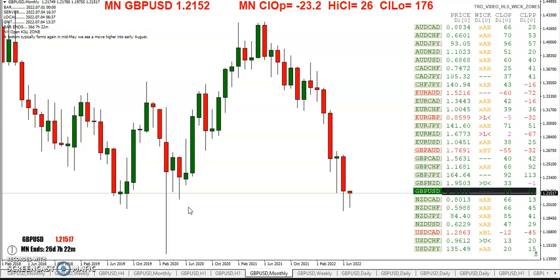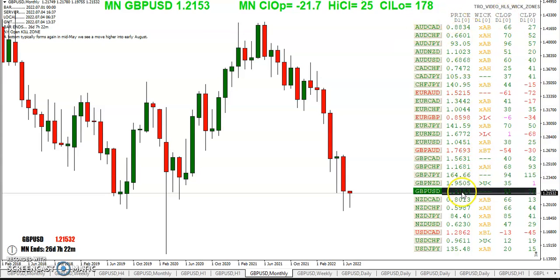Now, what they can do is alert you to certain situations. They can show you things. They can let you know where price is relative to other prices. They can let you know what's going on with one pair versus another pair, like on the dashboard here that I have set up on the monthly chart. You can see it's pretty simple.